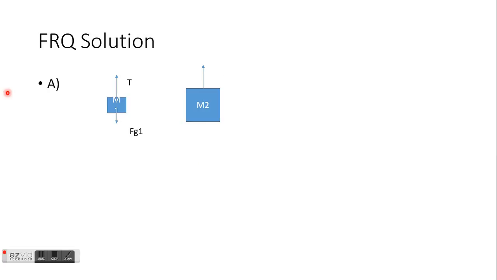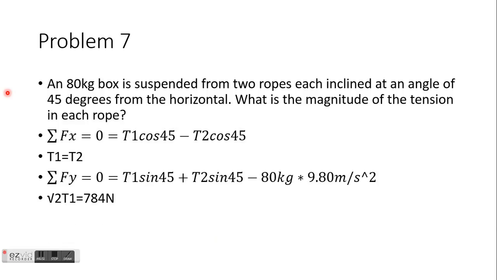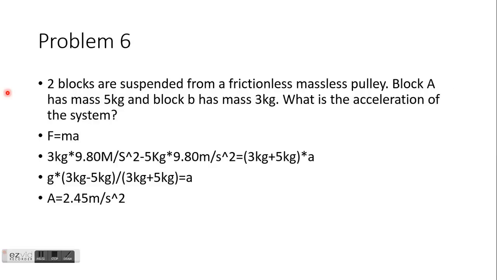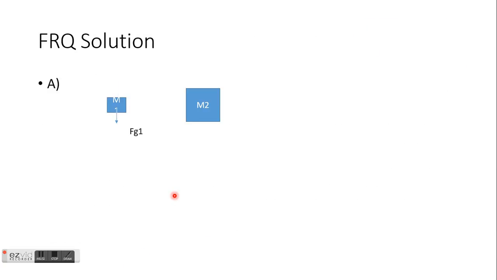Okay, moving on, part B. If you go back to this problem that we were working on, all the way back to problem number 6, it's the exact same problem. This little shortcut formula is going to be the formula we're trying to figure out. If you don't know this formula by heart, or you forgot it, you can derive it from the sum of the forces.